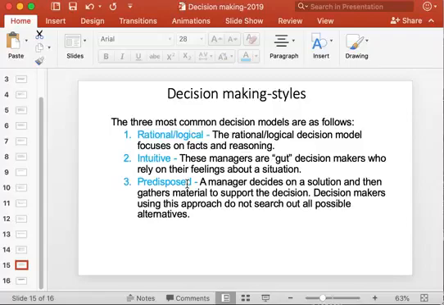In this style, decision makers usually do not search out all possible alternatives because a manager would have already decided on a solution, and he or she only tries to gather the materials or facts and figures to support that or those solutions.